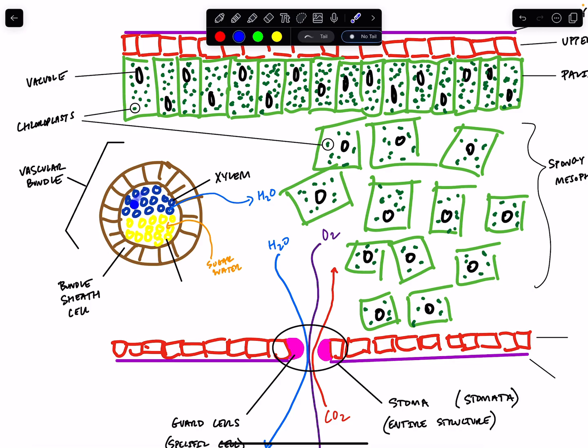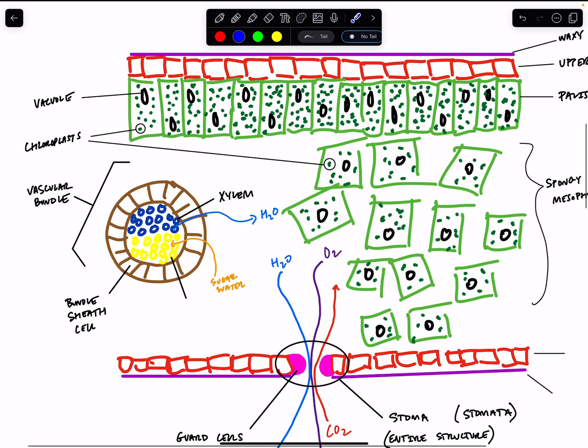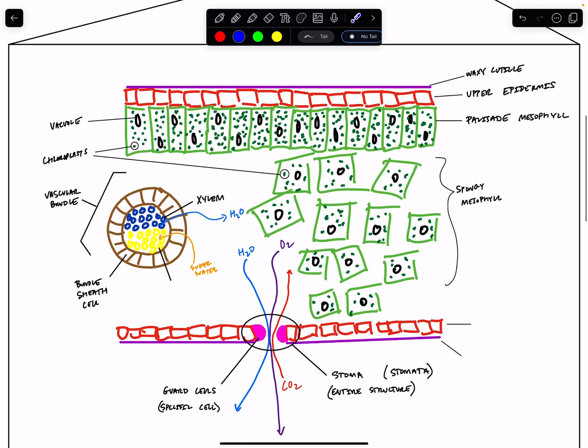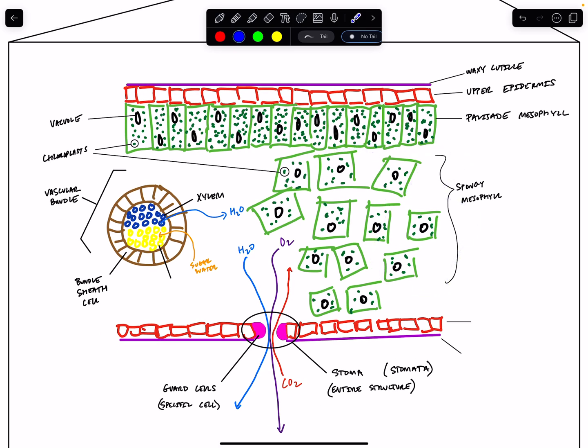And then the water, once it reaches the leaf, is going to turn into water vapor, a gas, in the space of the leaf. I guess I should have said the spongy mesophyll is called the spongy mesophyll because there are spaces between it, like a sponge, and this is where all the gases that are coming into or out of the leaf or from the xylem are just hanging out.